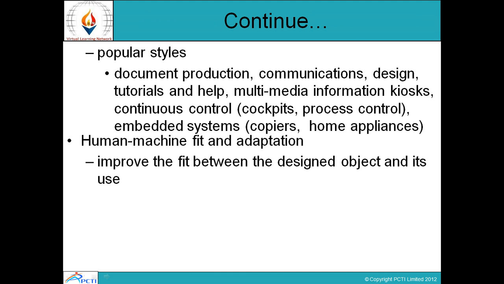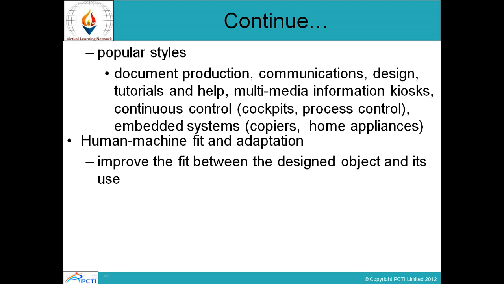There are different popular styles that make use of the interfaces, that is document production. Means we are going to cover basically those application areas where human-computer interface plays a very prominent role. चाहे वो मैगजीन हो, न्यूज़पेपर हो या बुक्स हैं, डॉक्यूमेंट प्रोडक्शन जहाँ पर भी है वहाँ पर ह्यूमन कंप्यूटर इंटरफेसेस की बहुत ज़रूरत है. बहुत यूटिलाइजेशन वाला एरिया है.